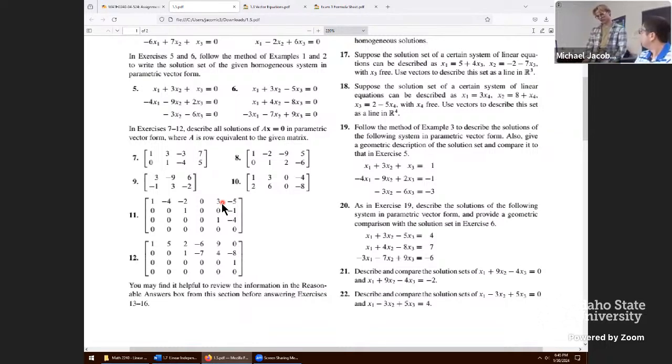And then when I set up x6 in the parametric vector form, what would the final form of this one look like? Well, I like how you went x2 equals x2 for that free variable.